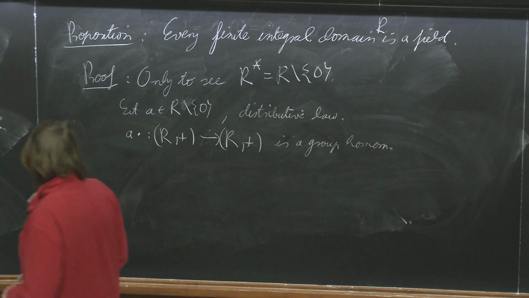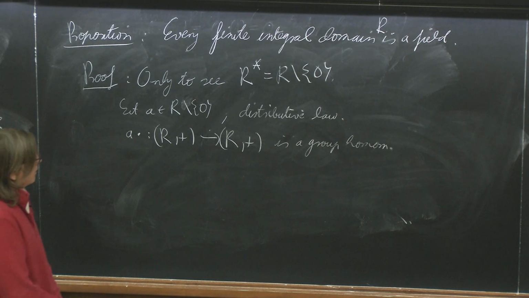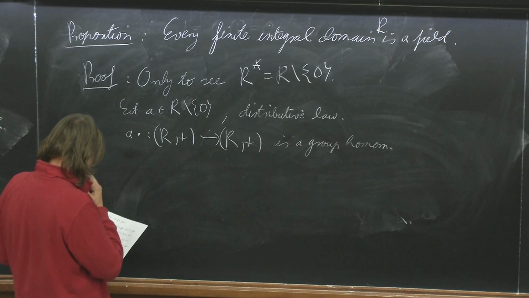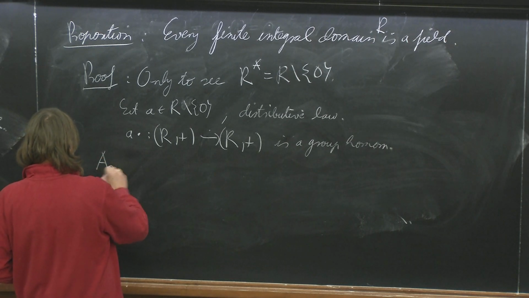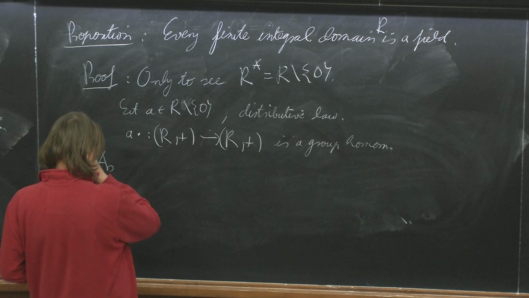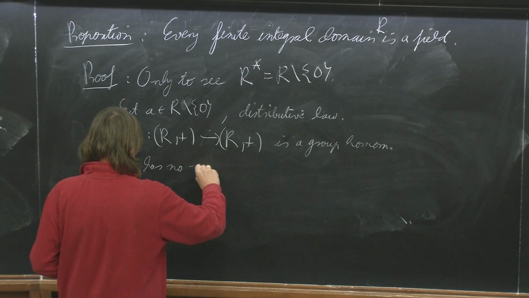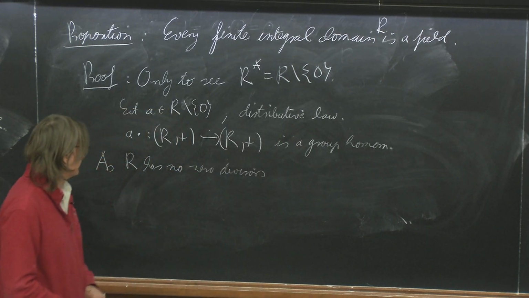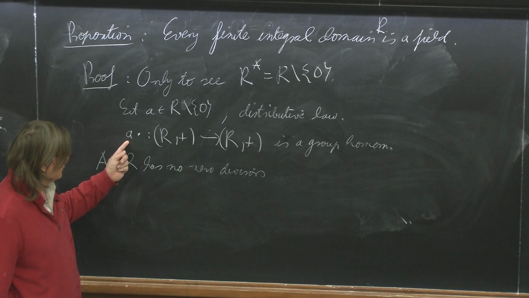And since it's an integral domain, R has no zero divisors, and our A here is non-zero, there's no non-zero element that if we multiply by it, we get 0.